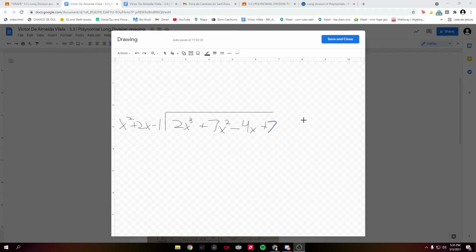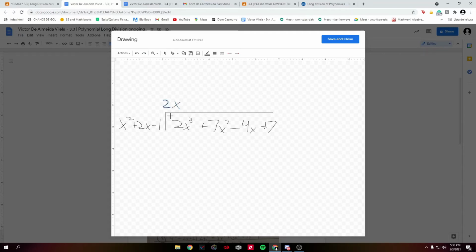So we're doing this problem right here of long division. We're dividing the polynomial 2x cubed plus 7x squared minus 4x plus 7 by x squared plus 2x minus 1. Okay, so the first step that we have to do is to put the first number.